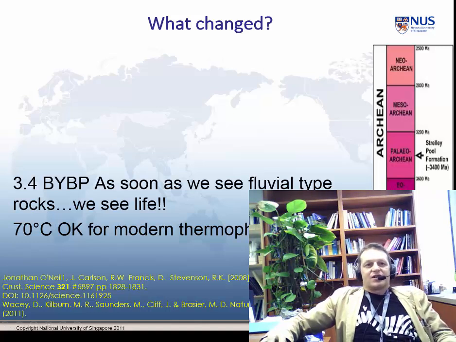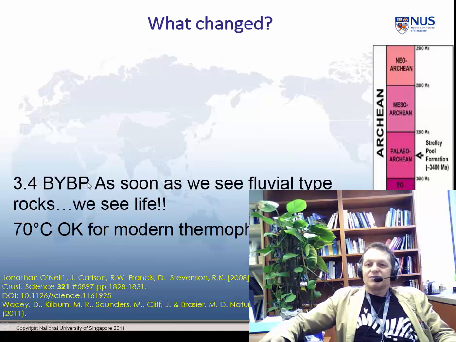Now, bear in mind here, we're talking still about what changed. We're at 3.4 billion years before present. We've got plenty of fluvial rocks around, fluvial fossils around, so we've got plenty of running water, and we start seeing effectively fossils which look a lot like oxygen photosynthesis.